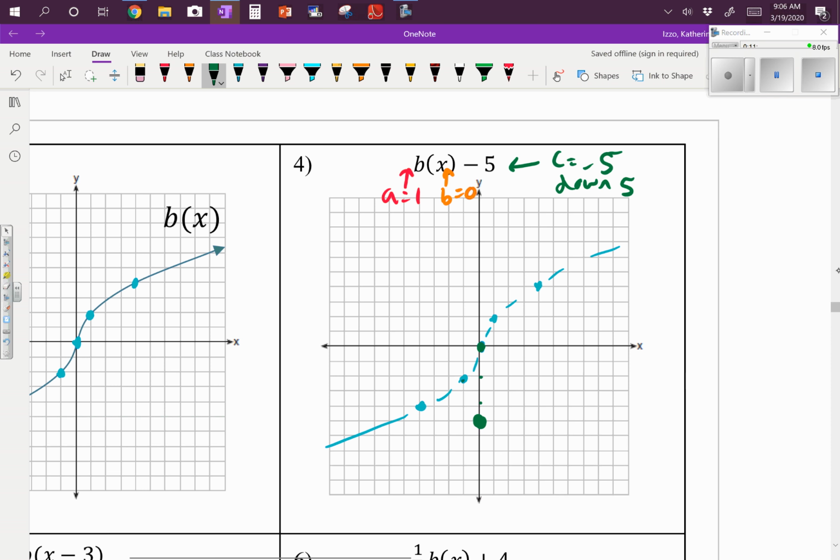This point down 2, 4, 5, bubble in. This guy, 2, 4, 5. Look at that. Goes like this and goes like that. Label.